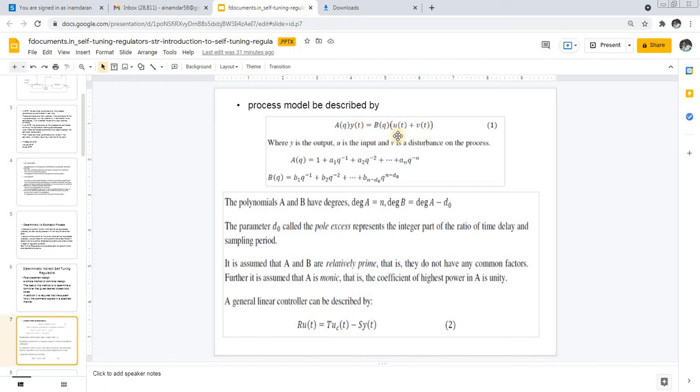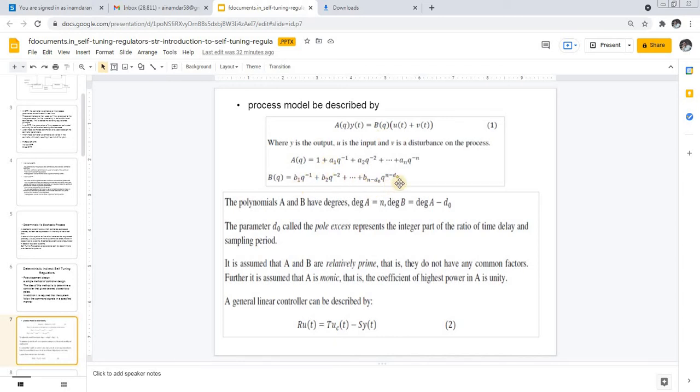Here A(q) can be expressed as 1 + a1 q^-1 + a2 q^-2 and so on, up to n. In the same way we can represent B(q) like A(q), from 1 to n.